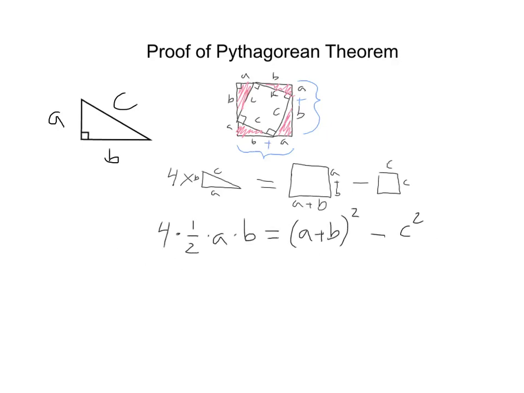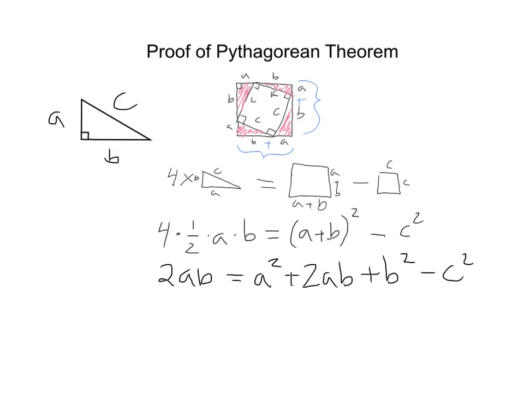Okay? So what we're going to get here is 4 times 1/2 is 2AB equals, and we're going to FOIL this with a little arithmetic. It is A squared plus 2AB plus B squared minus C squared.